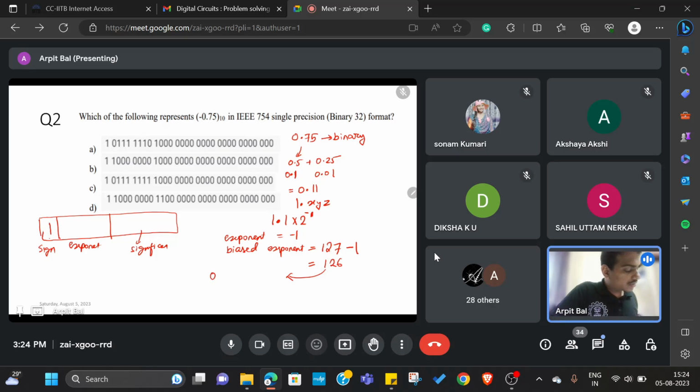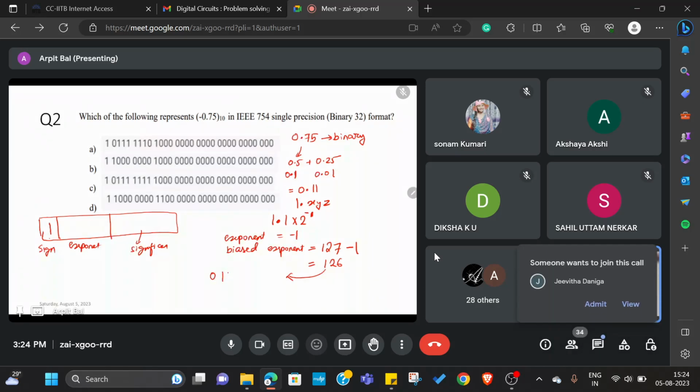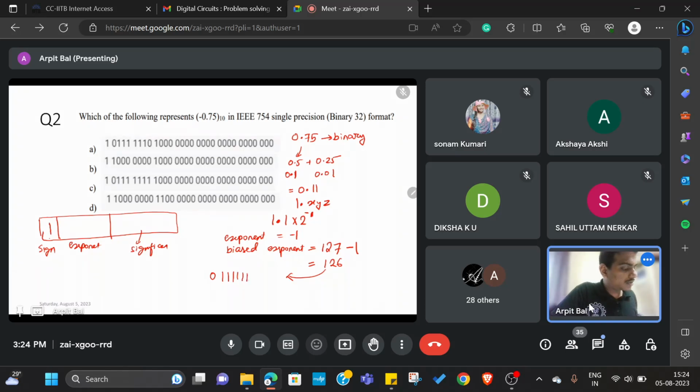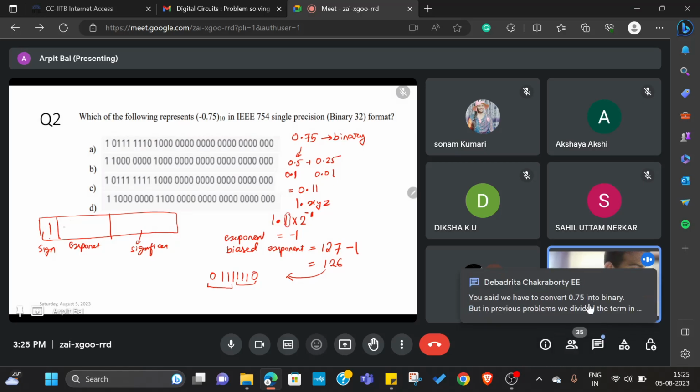So it is 0 1 1 1 1 1 1 0. Right? So we have the exponent and we also have the significand. The significand is only 1. Let's write down the exponent.